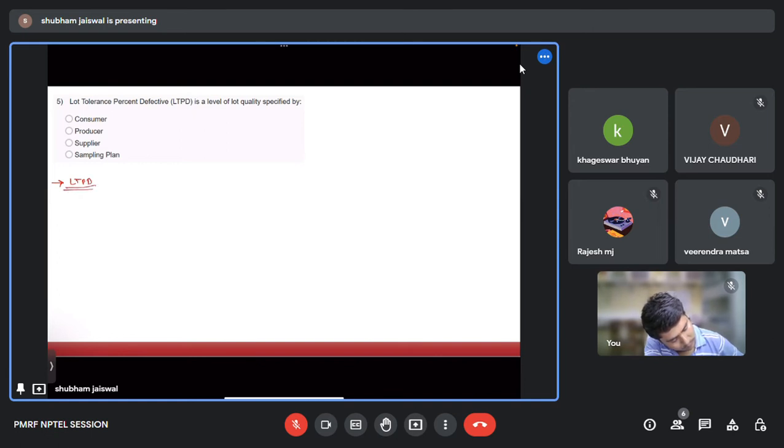Before answering this question, let's go through the definition of lot tolerance percent defective (LTPD). It is the upper limit on the percentage of defects that a consumer is willing to accept. It is the upper permissible limit, like the customer is telling that up to this percentage he can accept the defects, and after that he will not accept.